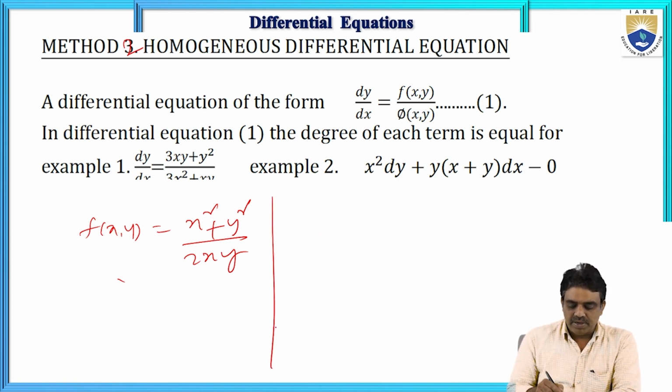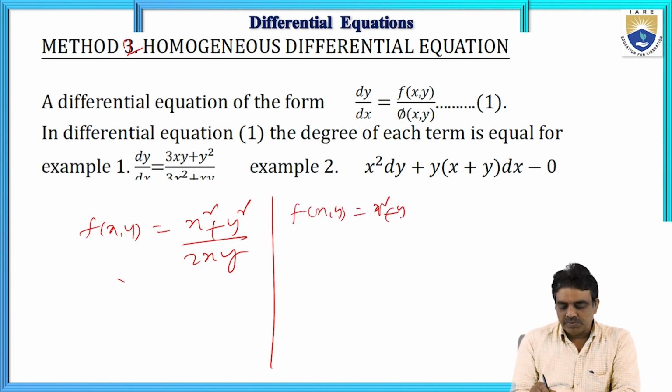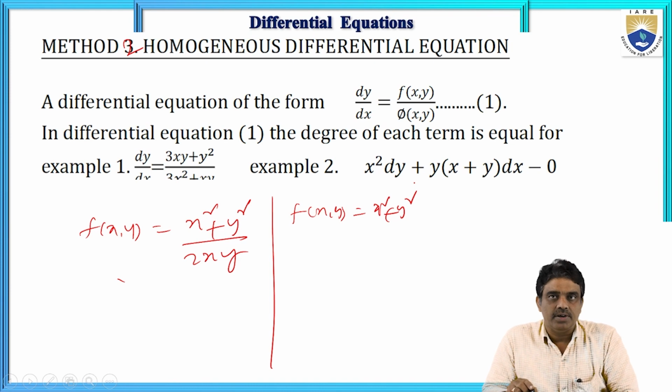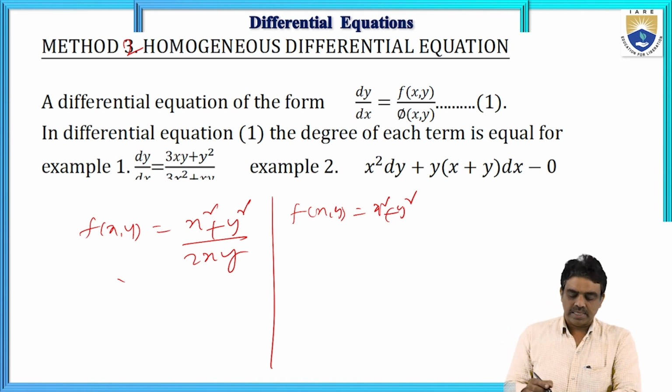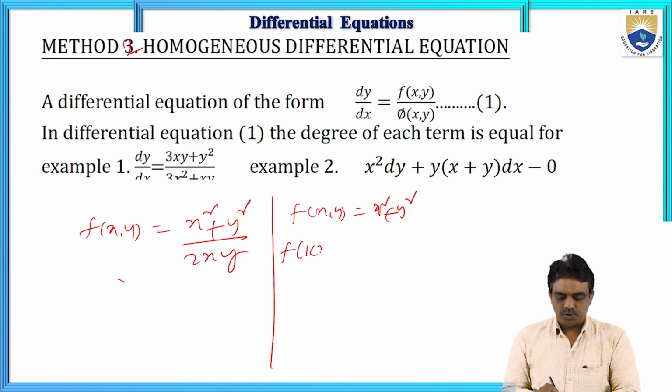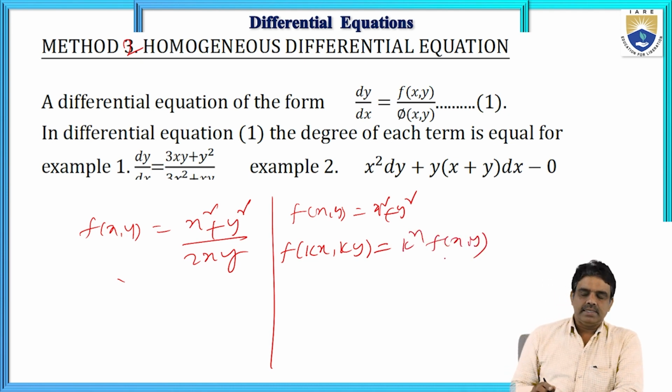Suppose the given function f of x comma y is x square plus y square, a homogeneous function of degree 2; you can observe that in each term there is degree 2. Or you can see that if we replace x by kx and y by ky, and if it is in the form k power n into f of x, y, then I say that it is a homogeneous function of degree n.